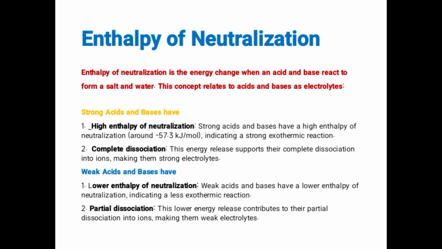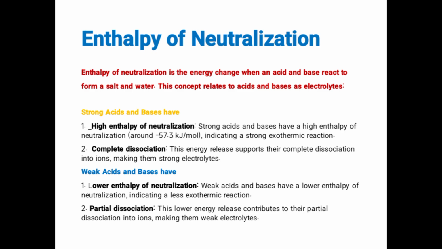Strong acids and strong bases have high enthalpy of neutralization. That means they have an enthalpy of neutralization around minus 57.3 kilojoules per mole. Of course, the reaction is exothermic. That means heat is liberated during that reaction.